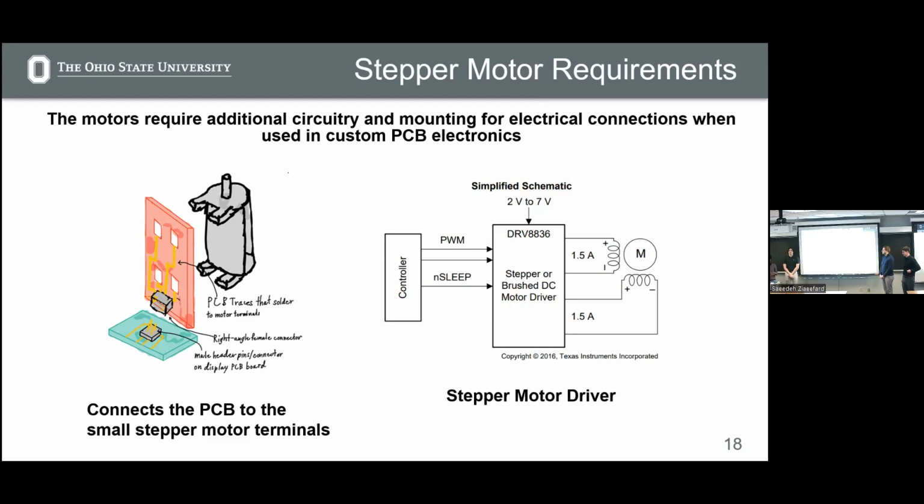Now, this seems like we've checked all of our boxes, we've thought about everything, but there still are some issues with things like the stepper motor driver shown on the right. In the previous slides, if you remember, we said that each of the 14 Braille cells in our design has 2 motors inside it. And so this means that using 1 motor driver for each motor would need 28 total drivers, which is a pretty big number. And in the next slide, I'll talk a little bit about some creative ideas I had to reduce this number.